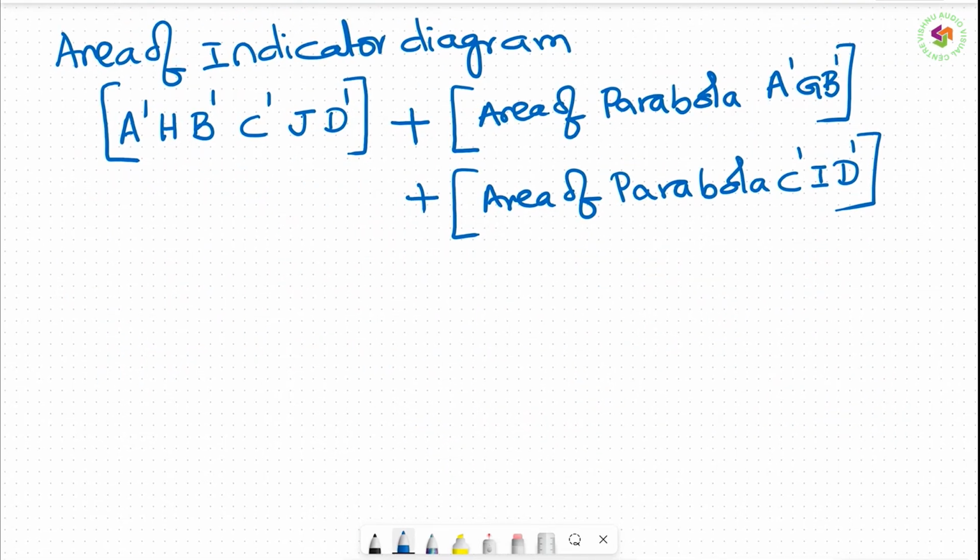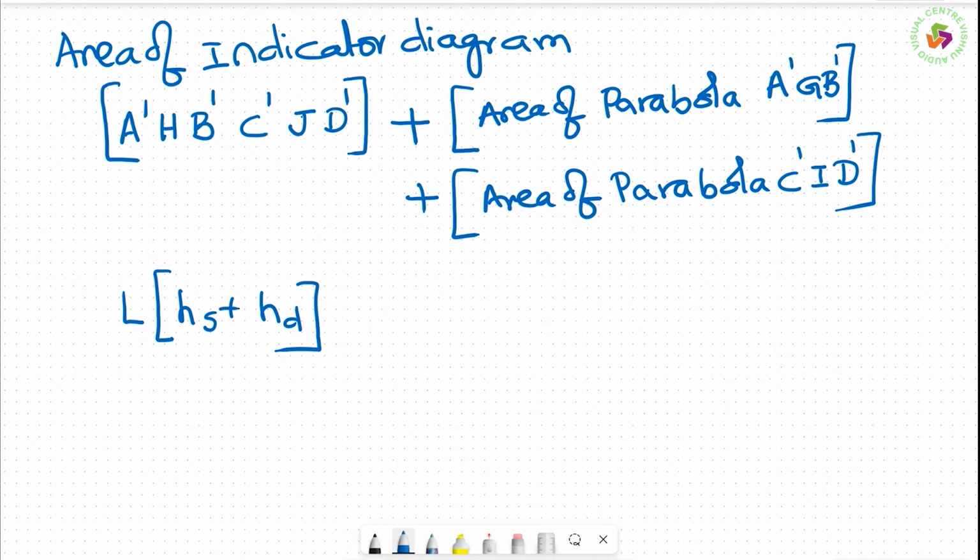finally the area is L into HS plus HD, because one side it is higher, one side it is lower.